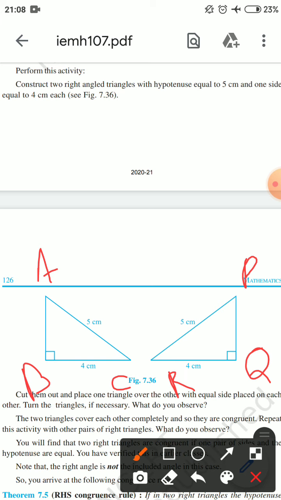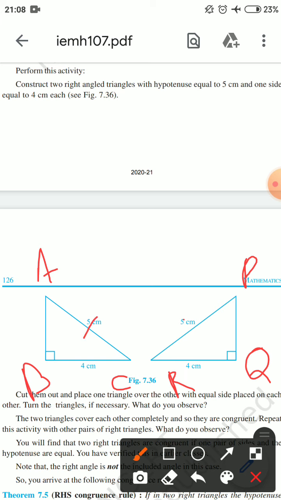So RHS congruency rule stands for right angle, hypotenuse, and side. For two triangles to be congruent by RHS rule, the first thing that is important is that one angle must be a right angle, and in these two triangles each 90-degree angle will be equal to the 90-degree angle of the other triangle. Hypotenuse must also be equal.